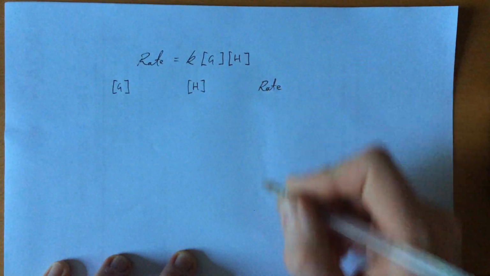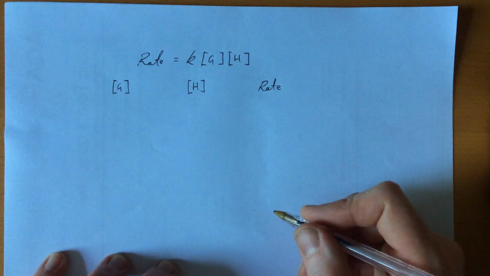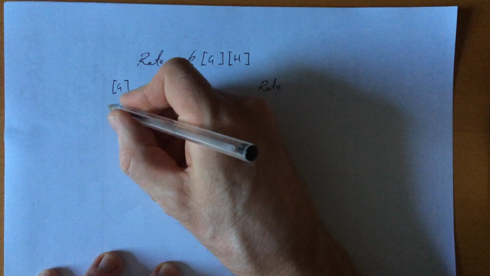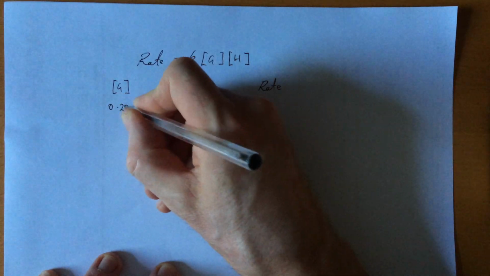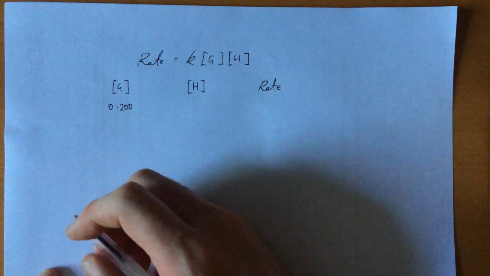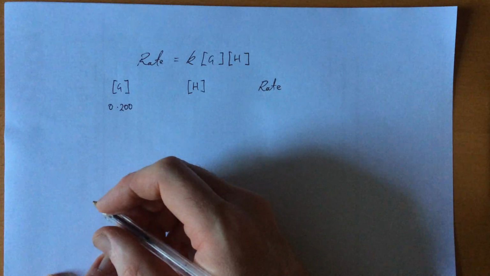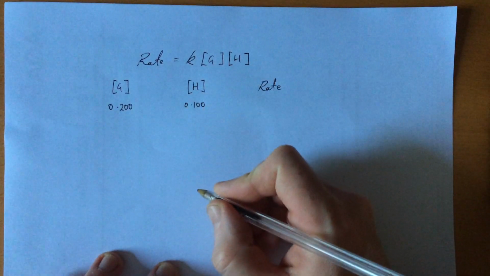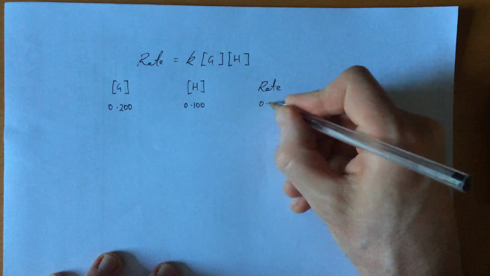Remember that the square brackets indicate the concentration in moles per decimetre cubed. So the data that we're given to start with is concentration of G 0.2, concentration of H 0.1, and the rate 0.4.